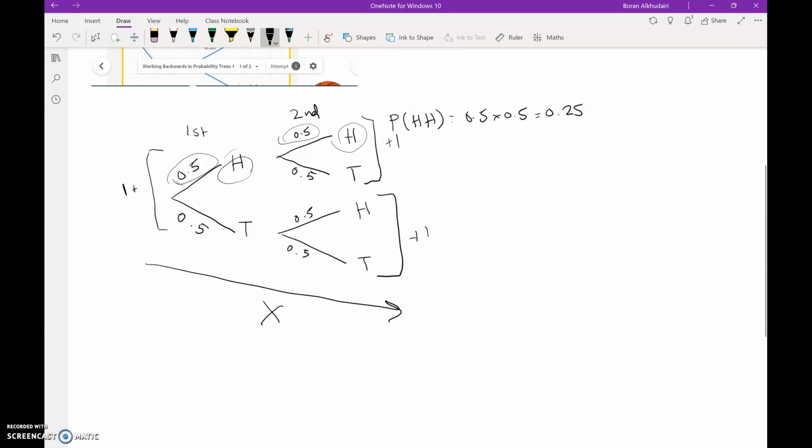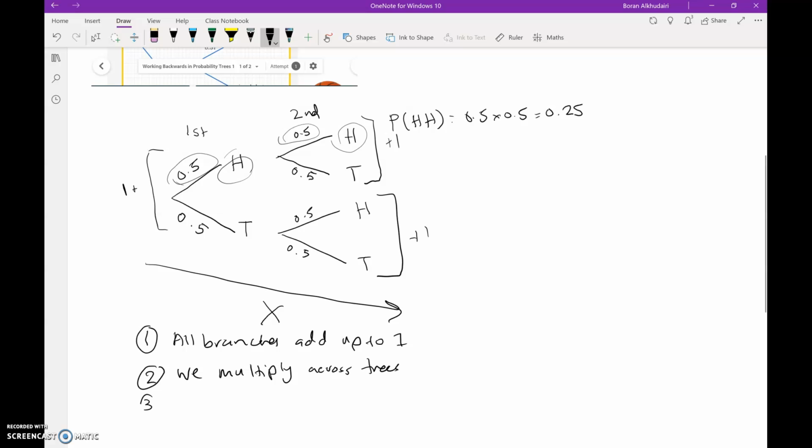So the first rule of probability trees is that all branches add up to 1. Two, we multiply across trees.